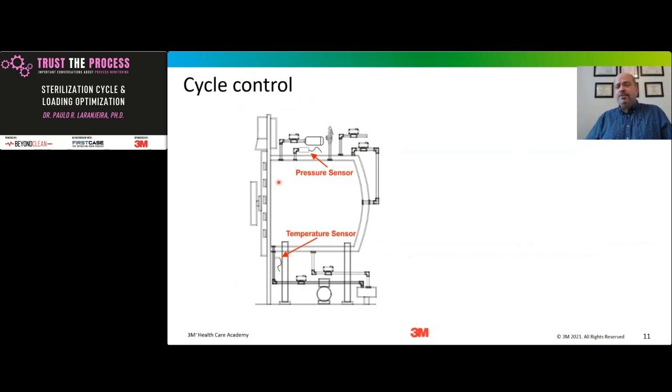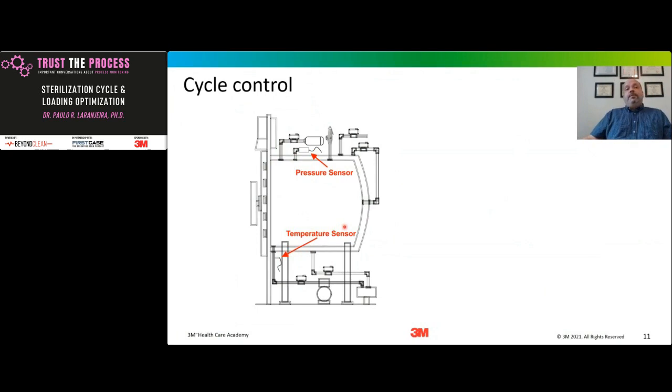The pressure sensor location doesn't matter, because, by Dalton's law, it measures the sum of the other pressures: air, steam, water vapor. So we can have it on top of the sterilizer or on the side, depending on the manufacturer.